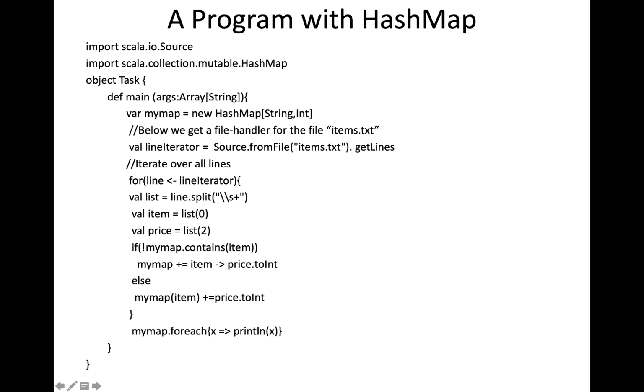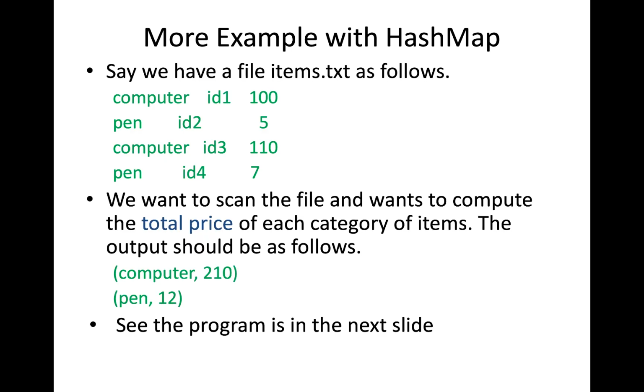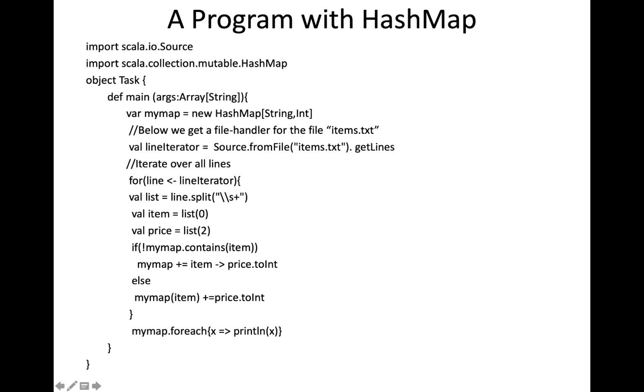Let me quickly go over this. This can be your first example where you use a Scala map data structure, and as we want to change the value of the key in the middle, that's why we want to use a mutable map, which is scala.collection.mutable.HashMap.